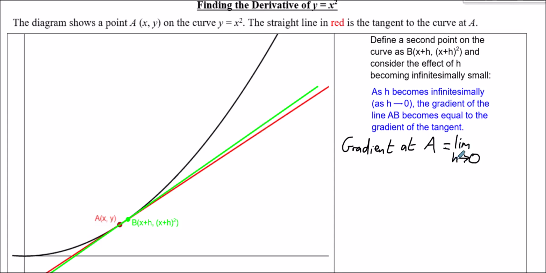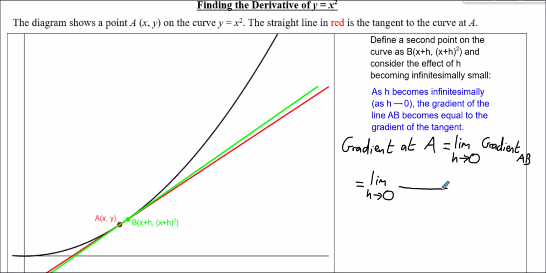LIM for limit. h arrow 0 means the limit as h gets closer and closer to 0. It's the limit of the gradient of AB. Now this can get quite tedious to write, so never mind that. So it's the limit as h gets close to 0 of the gradient from A to B. So that's the change in y divided by the change in x.